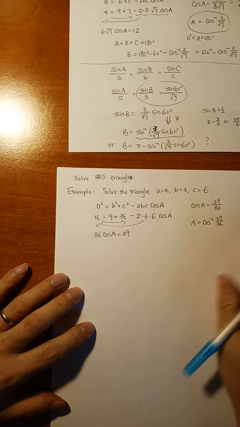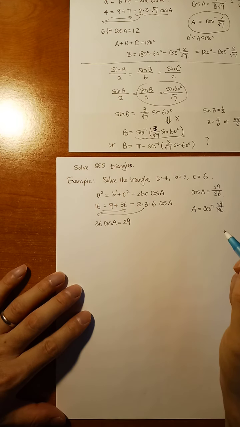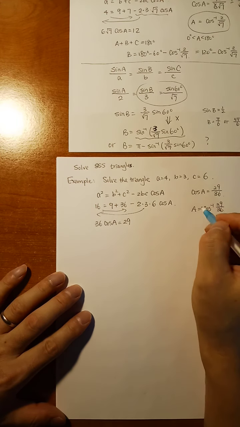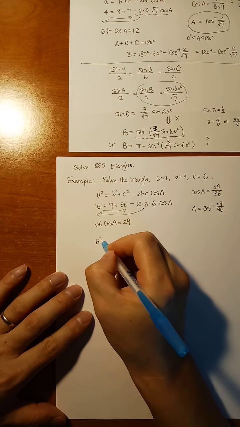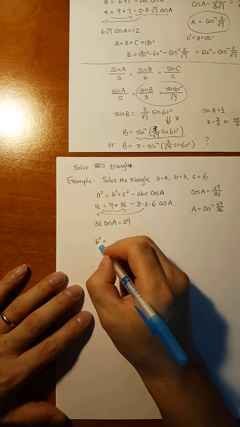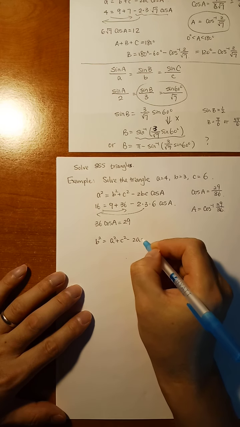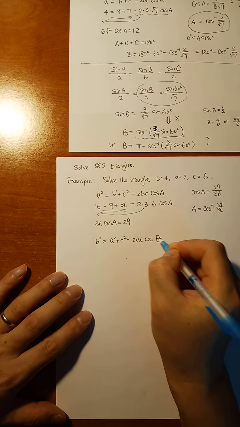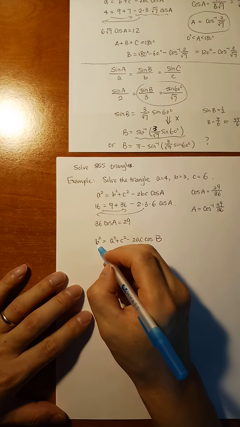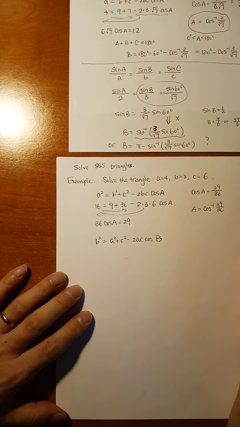All right. Let's see another one. This part we get A. Let's look for angle B. Then you put side B on the left side. So it's A squared plus C squared minus 2AC cosine angle B. Whenever you put a side on the left hand side, the angle will be its corresponding angle.